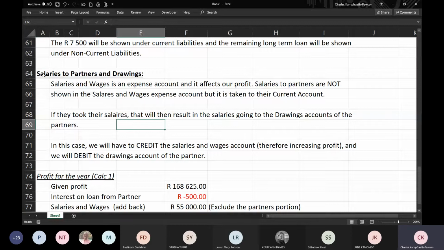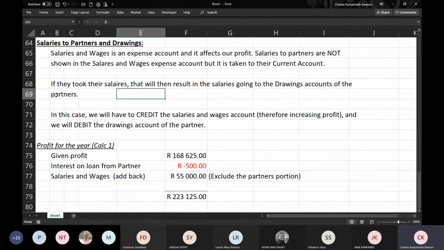So this is salaries to partners and drawings. Here we already said that salaries and wages is an expense account and it affects our profit. So salaries to partners are not shown in the salaries and wages expense account, but it is taken to their current account. So if they took their salaries, that will then result in the salaries going to the drawings account of the partners.